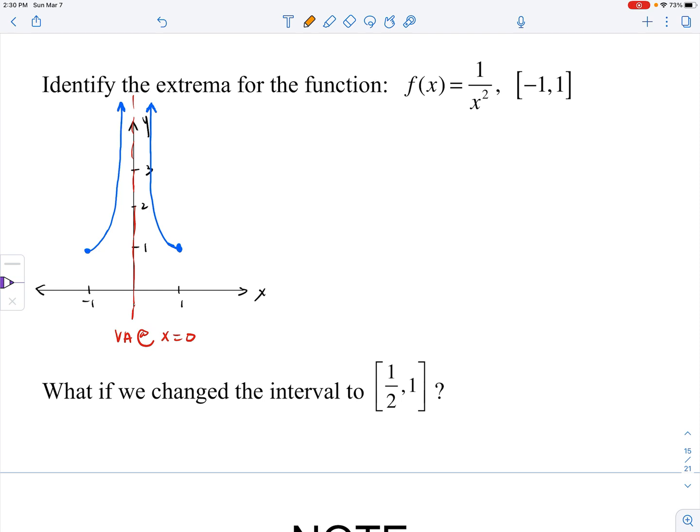Identify extrema for the function. Okay, so no relative extrema. Nowhere does the graph change from increasing to decreasing or decreasing to increasing. There is an absolute minimum, and it occurs at two points: at (-1, 1) and (1, 1).